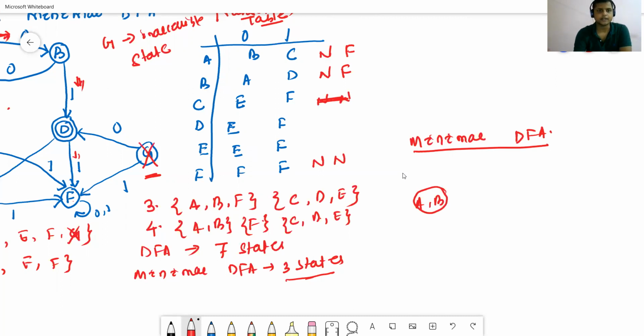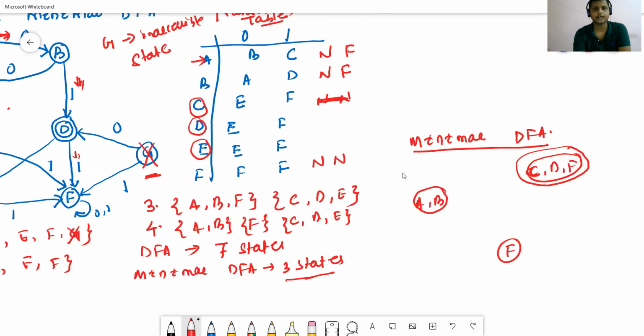Then F is one state. Here A is the initial state in the original DFA, so A, B is also the initial state.